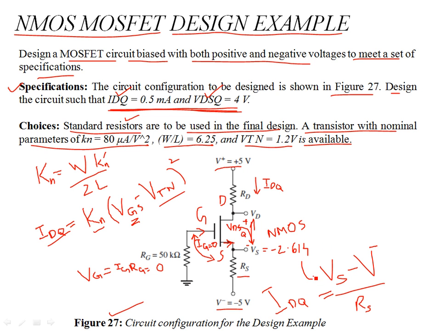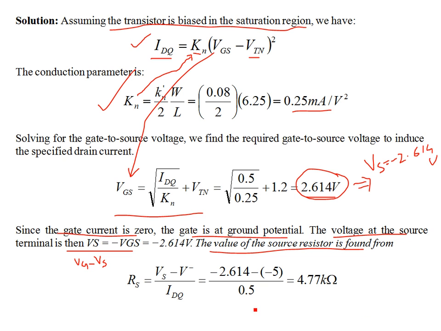This can be plugged over here. V negative is minus 5 volts. So the RS can be found out. This is minus 2.614 plus 5 over 0.5. This is 4.77 kilo ohms. Very close to a standard value that is available in the lab for you, 4.7 kilo ohms. That's almost a standard resistance, easily available. But anyways, for now we have this RS.